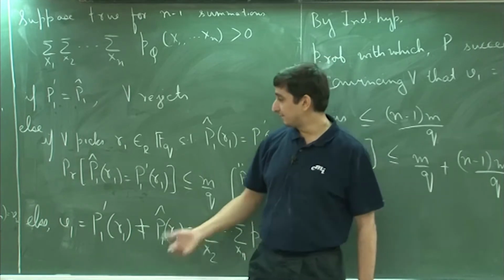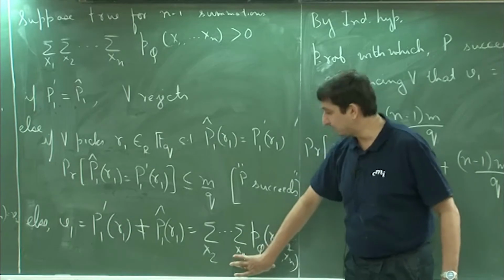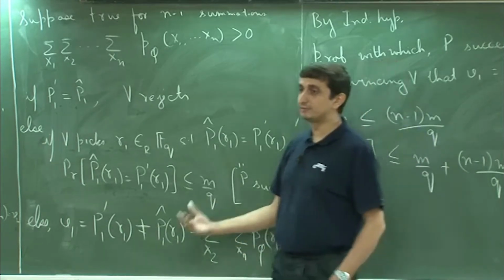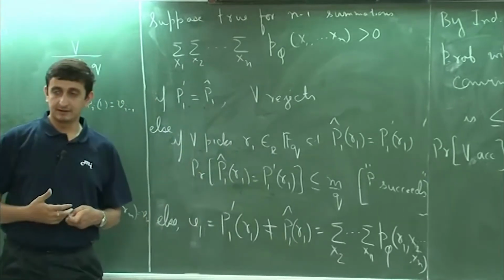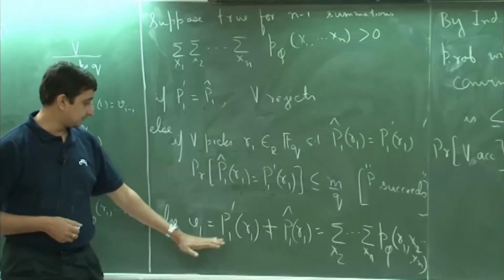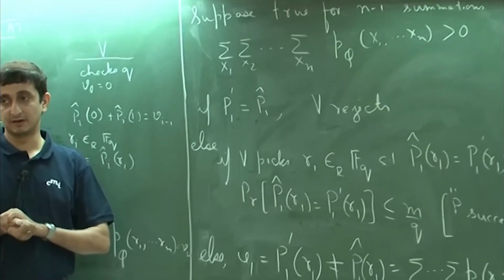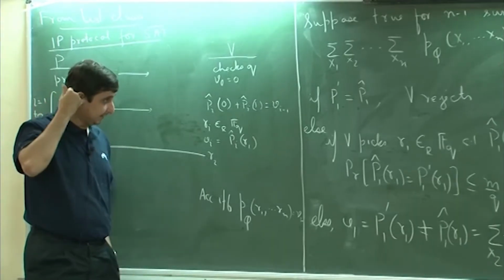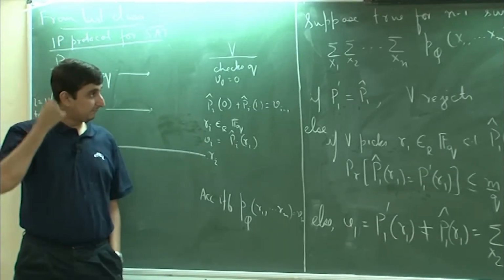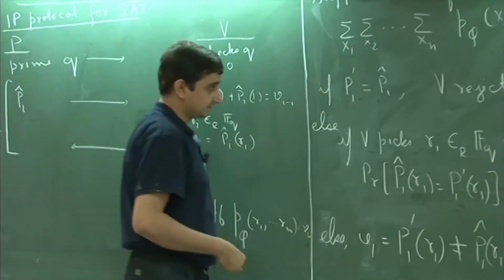So, the prover has to prove this incorrect claim, where V1 is actually not equal to this. And that, by our induction hypothesis, is at most n minus 1 m by q. So, nothing very deep is happening here, it is simple induction.